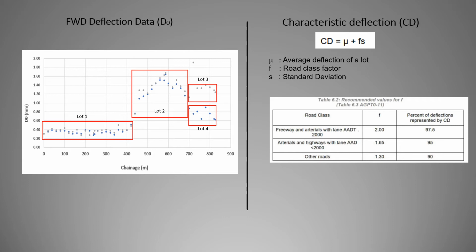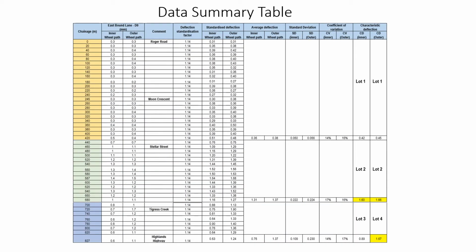As you can see, we bring all the data into this table, and we call it the data summary table. In columns 2 and 3, we bring the data from the site, the maximum deflection, and make sure the CV, coefficient of variation, is not more than 0.25.